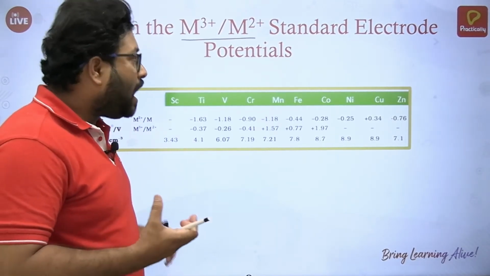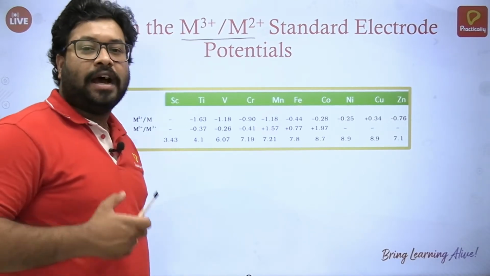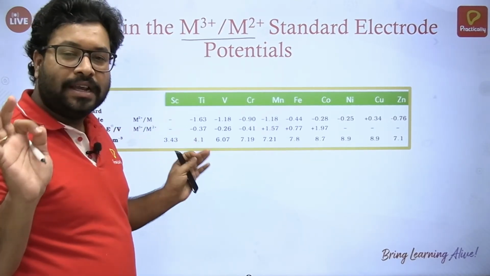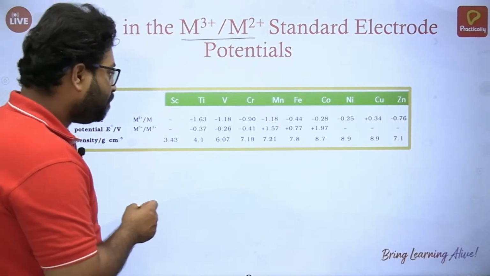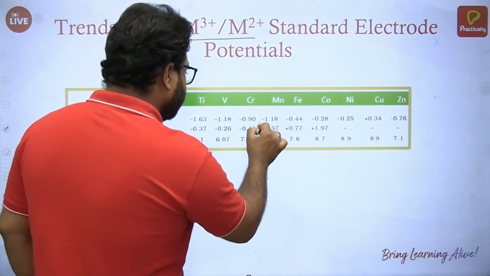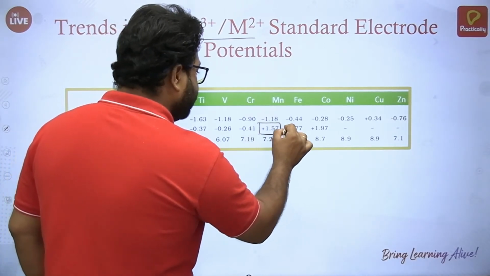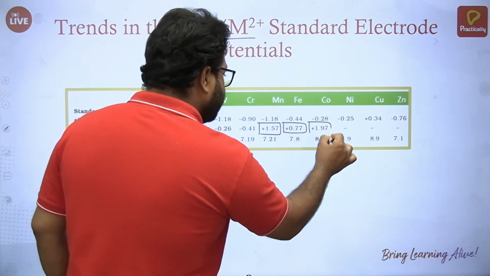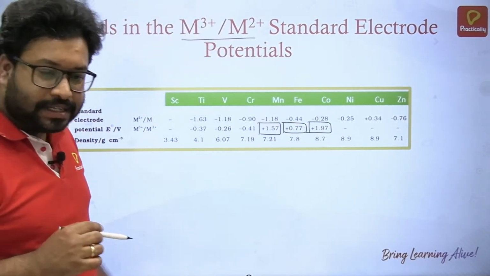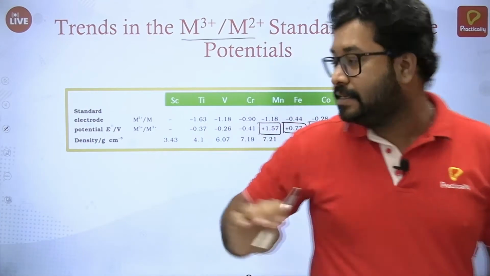Okay, so the higher the value of this thing, the higher will be the oxidizing power. It is that straightforward, right? And if you look at all those things here, manganese value is +1.57, iron is +0.77, cobalt is +1.97. Do you see this? These values are highest of all.